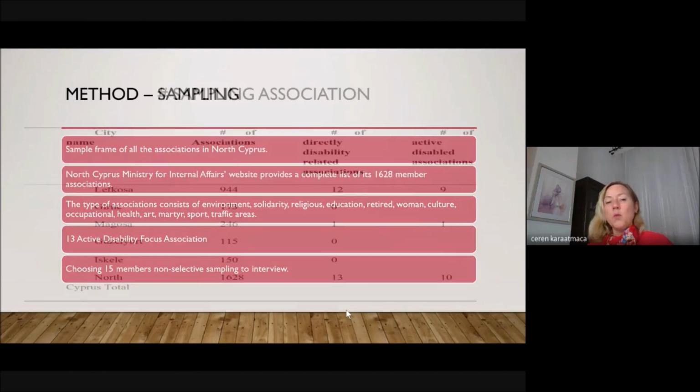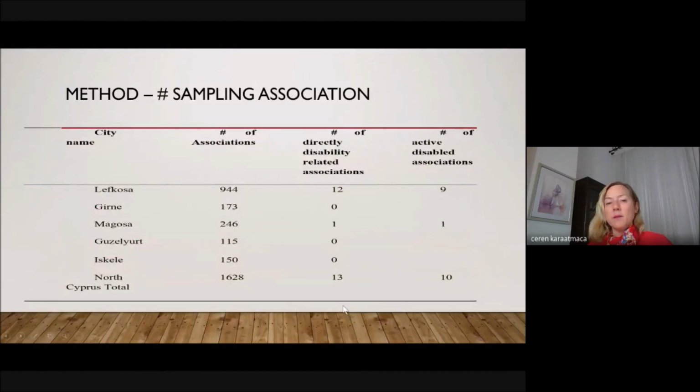And when we look at the sampling more in detail, when we check the associations in the main areas of North Cyprus, that's Lefkoşa, Nicosia, Kyrenia, Magosa, Güzelyurt, and Iskele. In North Cyprus total, as I said, 1,628. We see these 13 disability-related associations, the active ones.